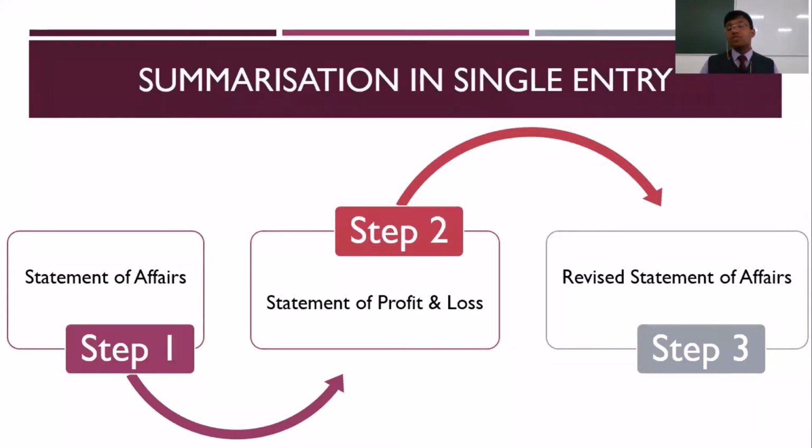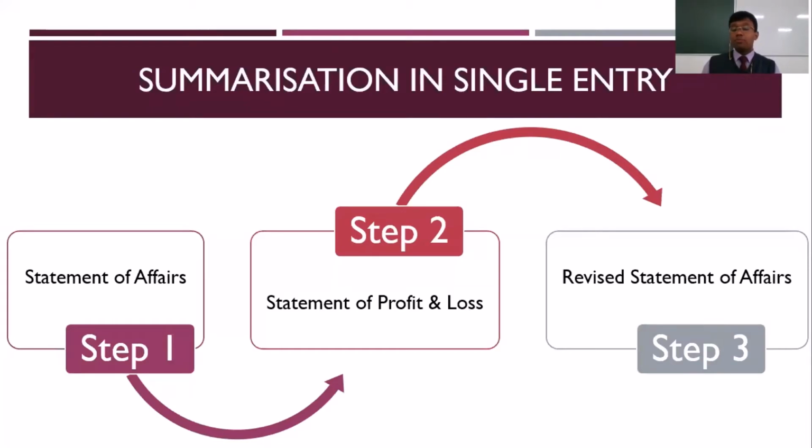When it comes to summarization in single entry system, there are essentially three steps that we will follow. Step one, we will be preparing what is called the statement of affairs. That's the first step.